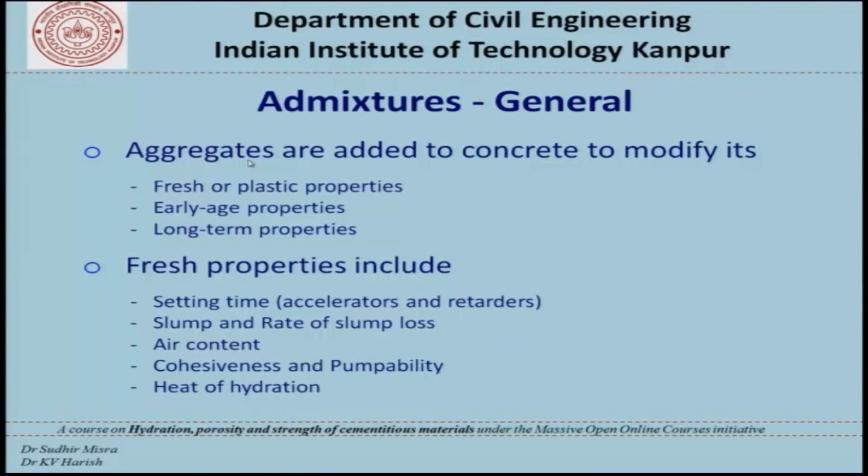The admixtures are added to concrete to modify its fresh or plastic properties, early age properties and long term properties. Fresh properties include setting time, slump and rate of slump loss, air content, cohesiveness and pumpability, heat of hydration.